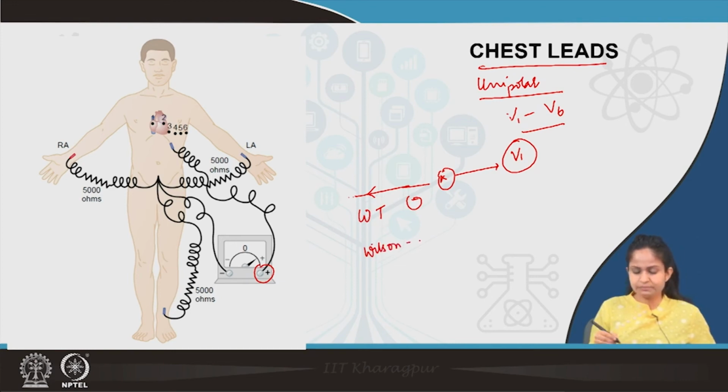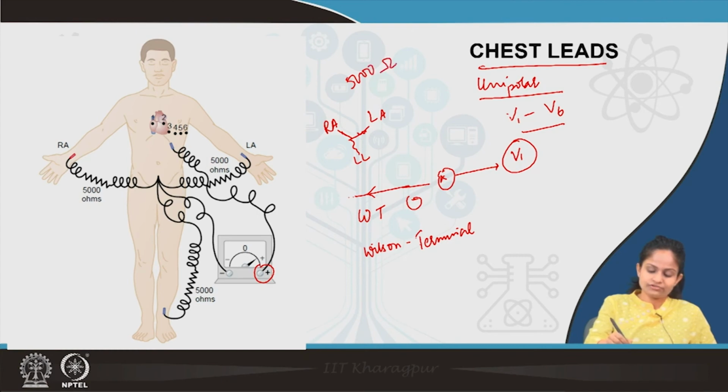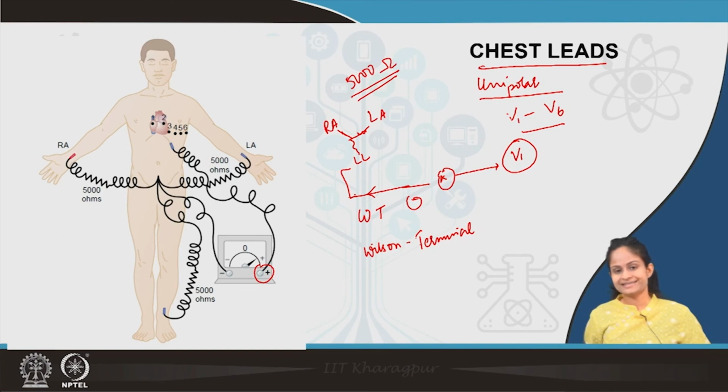As you remember, the chest leads were discovered by Frank Wilson, so this terminal is named after him. Wilson's terminal is a terminal where the right arm, left arm and left leg electrodes are joined through high resistances of 5 ohm each, and this is connected to the negative terminal of the voltmeter.